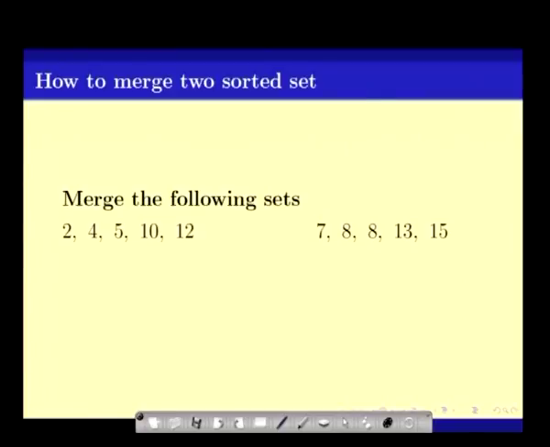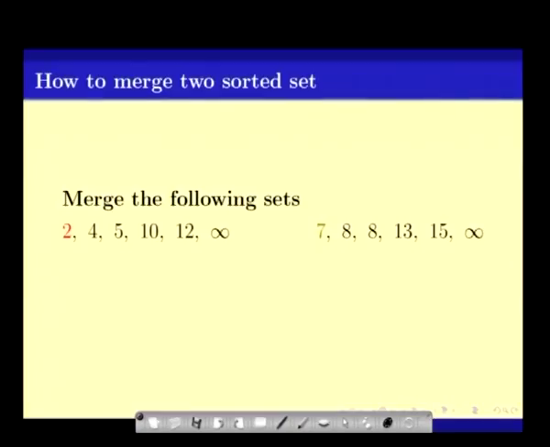So, to start with, we want to merge the following two sets. For a start, we want to have some end of the list marker, which we do by putting infinity at the end. This infinity is nothing but a very large object which will not cause any problem to our list, and it is just an end of the list marker.